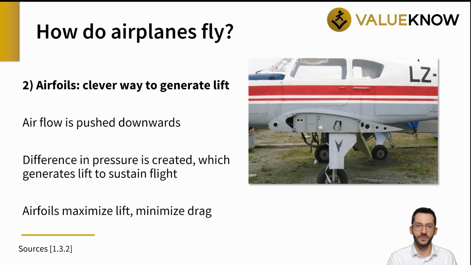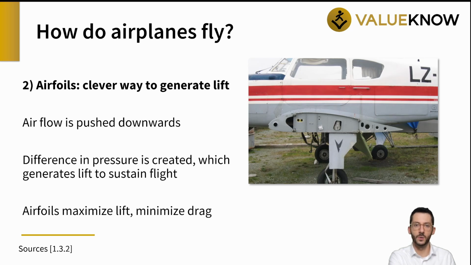The second fundamental point to understand how airplanes fly is airfoils, which are a clever way to generate lift. The airfoil design has evolved from very rudimentary shapes in the beginning of aviation to sophisticated, optimized shapes in the latter years.